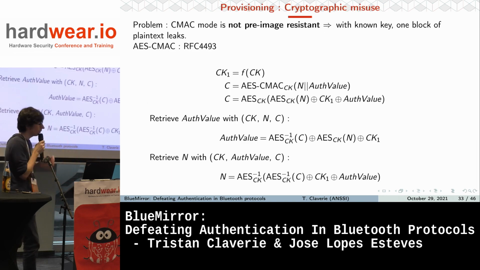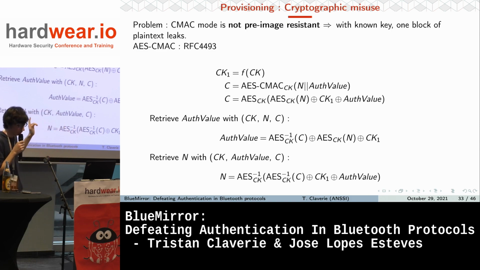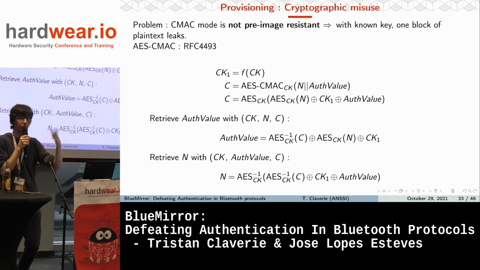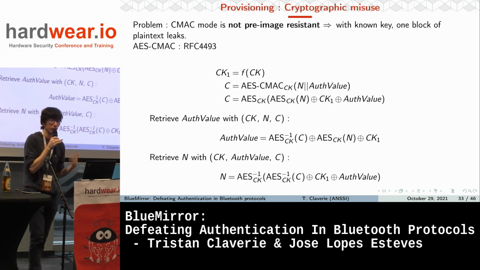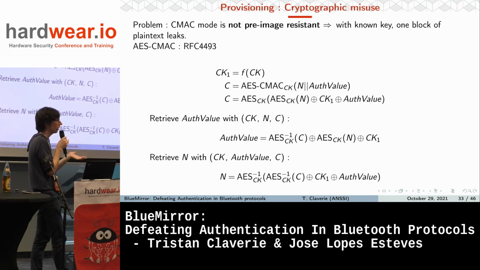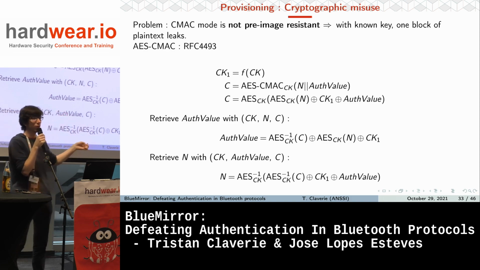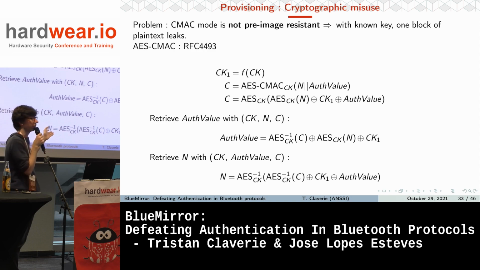More importantly, there is a cryptographic problem in their commitment protocol. I said that all the values were 16 bytes long, and the commitment protocol is AES in CMAC mode. Well, AES in CMAC mode is not pre-image resistant, so in fact, if you know the key and the proper information, you may retrieve up to 1 block of plain text.